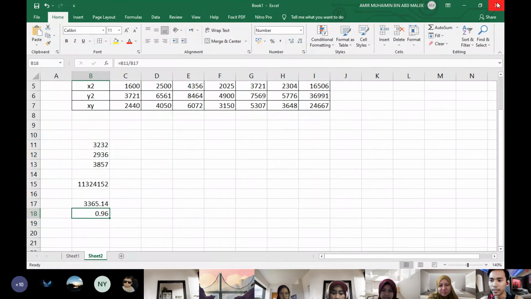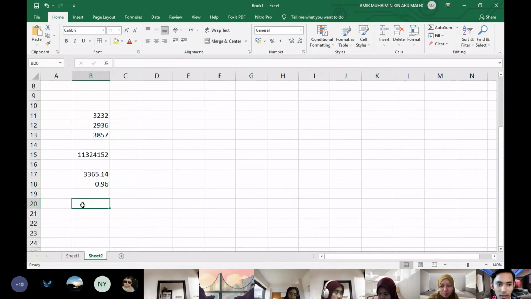That the relationship is strong, strong positive relationship. Okay, so the way to interpret is you have to mention the direction, which is either positive or negative, and the strength of the relationship, whether it is weak, normal, or strong.